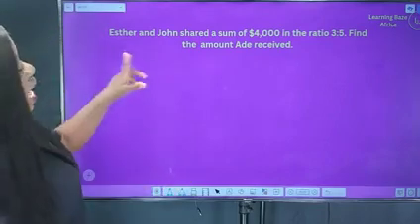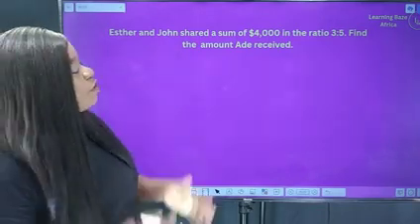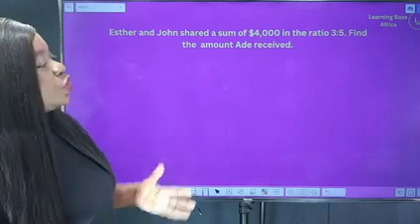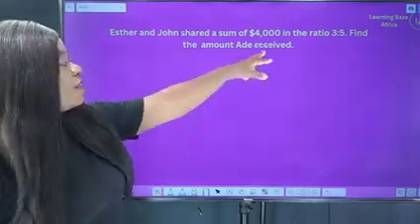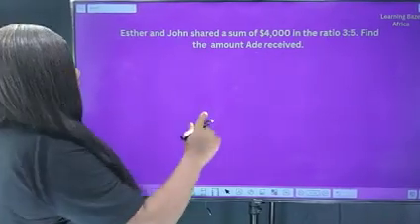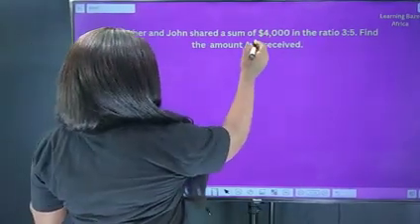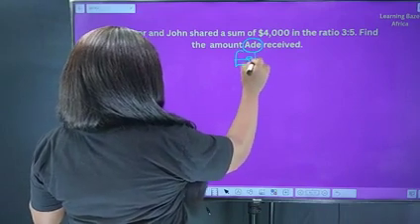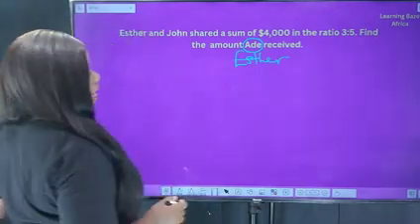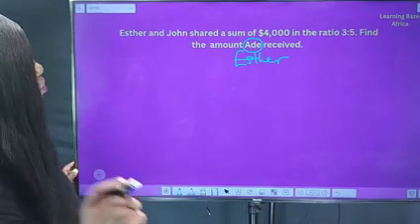Next example, Esther and John share the sum of $4,000 in the ratio 3:5. Find the amount Esther received. It was an error. Good. Find the amount Esther received.